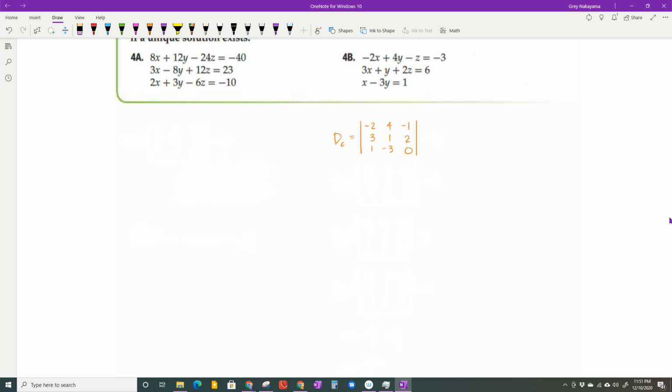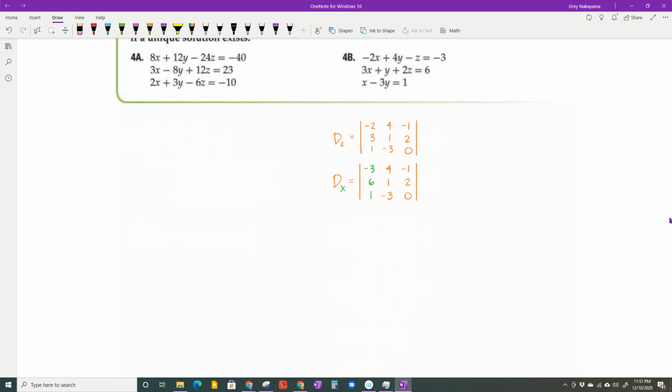All right, so my determinant of X is going to be, ignore that cat, but I replace the X coefficients. Now instead of having -2, 3, and 1, I'm going to have my constants, which are -3, 6, and 1. And the rest of it stays the same.